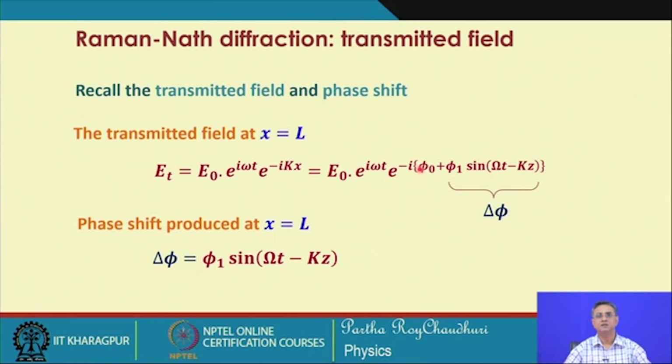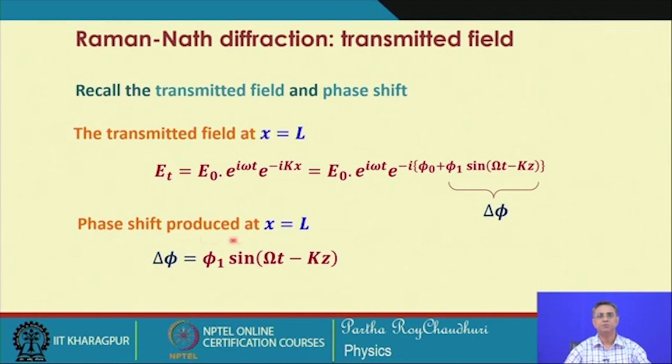This is the change in the phase of the optical wave because of its travelling through a length L of the acoustic wave. The peak change in the phase will be equal to delta n, which we will see is equal to phi 1.